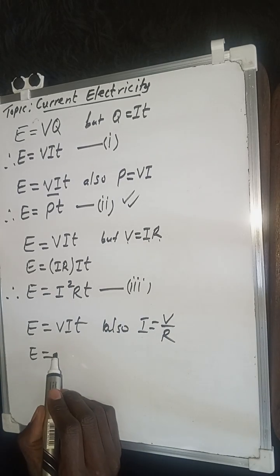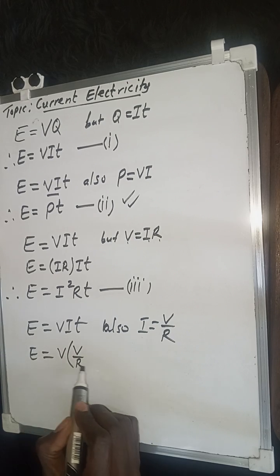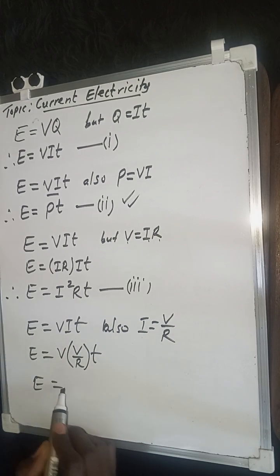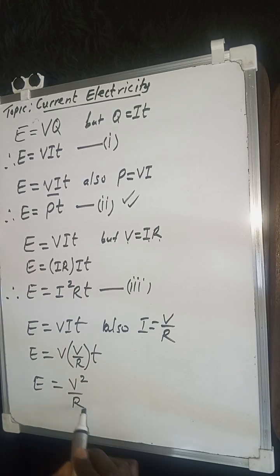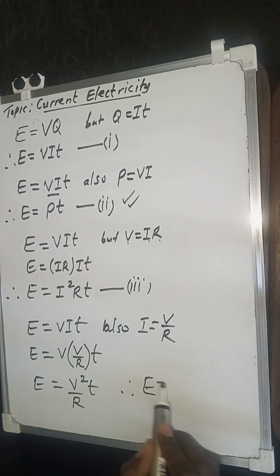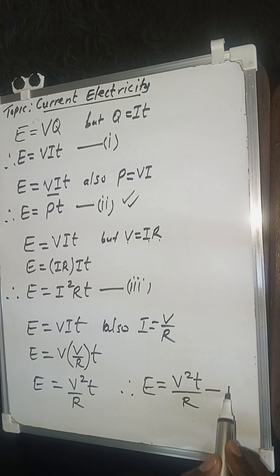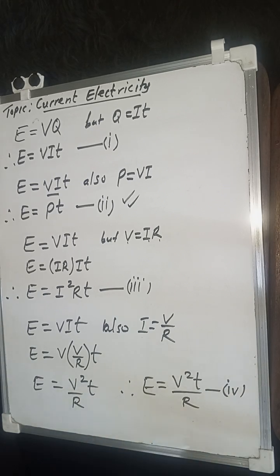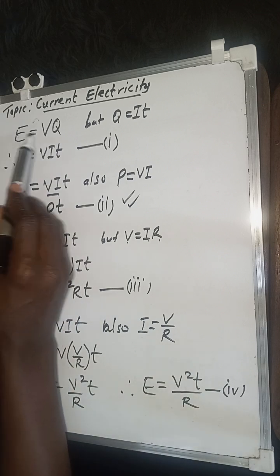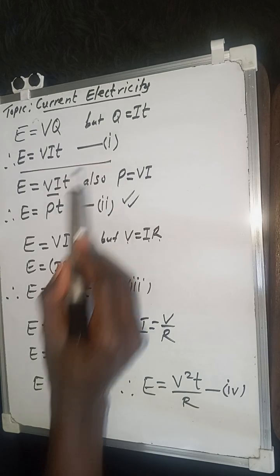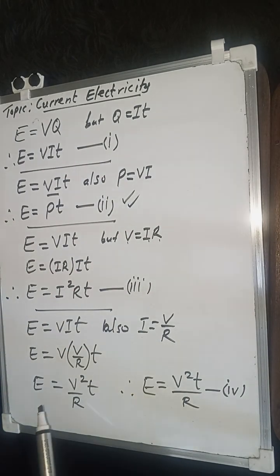So E will be equal to V multiplied by V over R multiplied by T. This times that will give you V squared over R multiplied by T. So we can simply write E is equal to V squared T over R. So you can also use that one to calculate your electrical energy. Sometimes they ask you which formula you can use to calculate electrical energy. Remember, E can be V times Q. It can be that expression, or this expression that we have come back to.